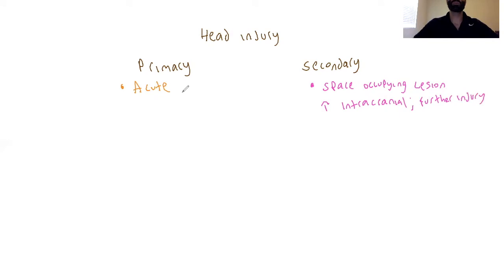So when somebody incurs a primary head injury, the damage has already been done. But the race is on in order to ensure that someone does not develop the complications associated with secondary brain injuries.